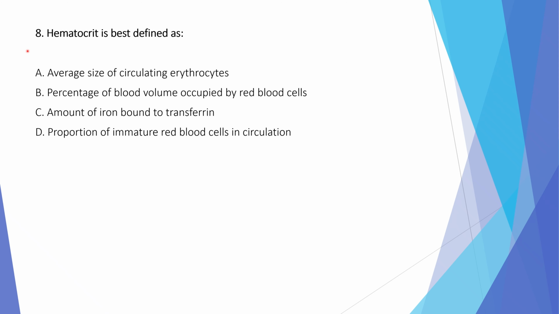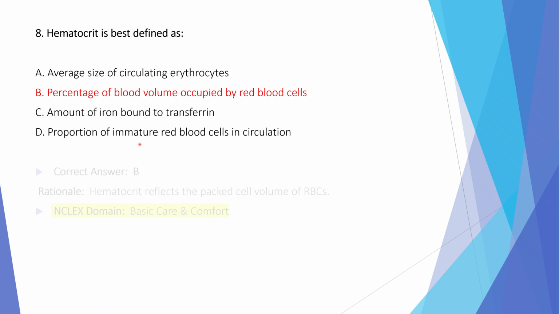Two more questions. Hematocrit is best defined as: average size of circulating erythrocytes, percentage of blood volume occupied by red blood cells, amount of iron bound to transferrin, or proportion of immature red blood cells in circulation.